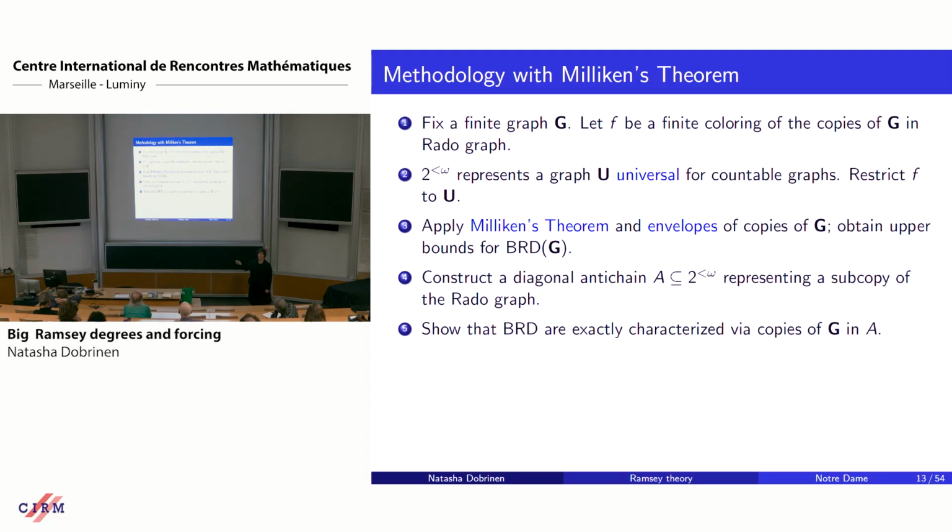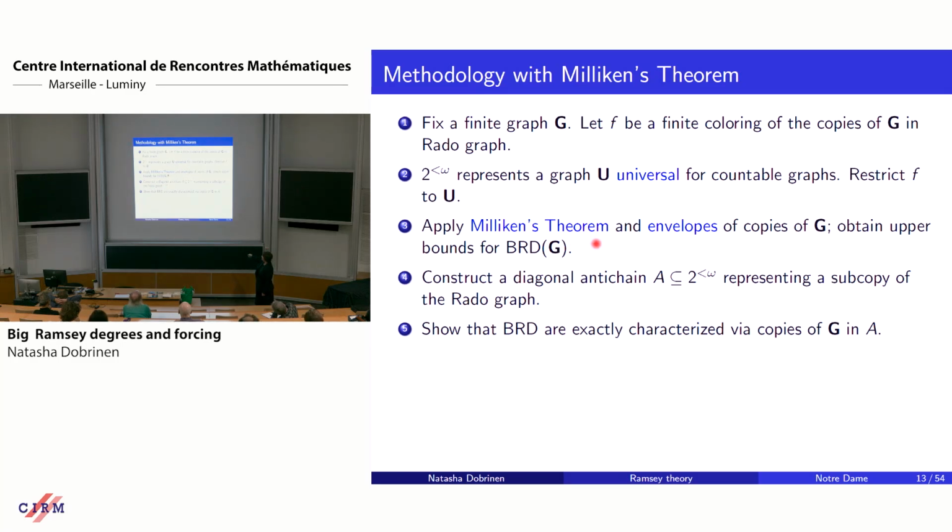There's a way of encoding that as a universal graph. And then you apply Milliken's theorem and envelopes of copies of G. So you have a copy of G inside of this universal graph. You can expand it to a strong tree, or envelop it in a strong tree. And you can then shift your coloring from the structure to the strong tree, and then apply Milliken's theorem.